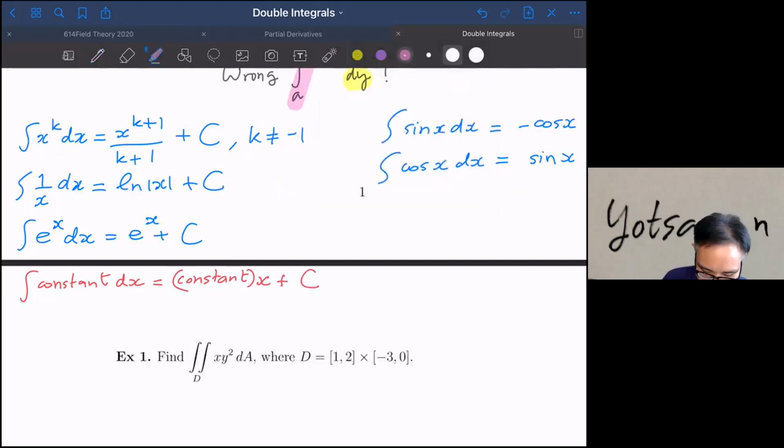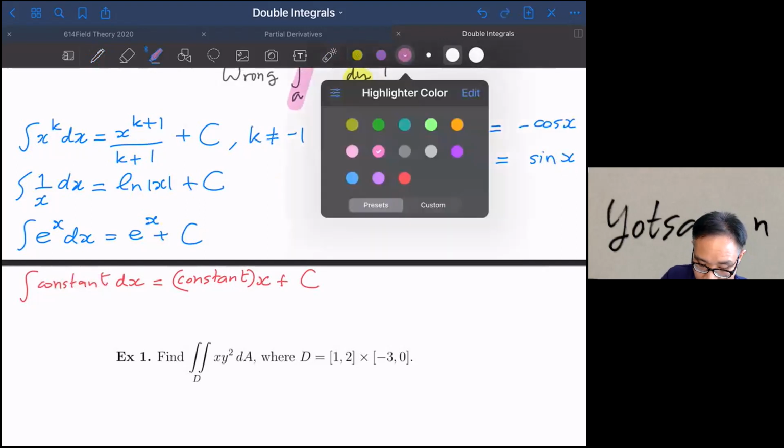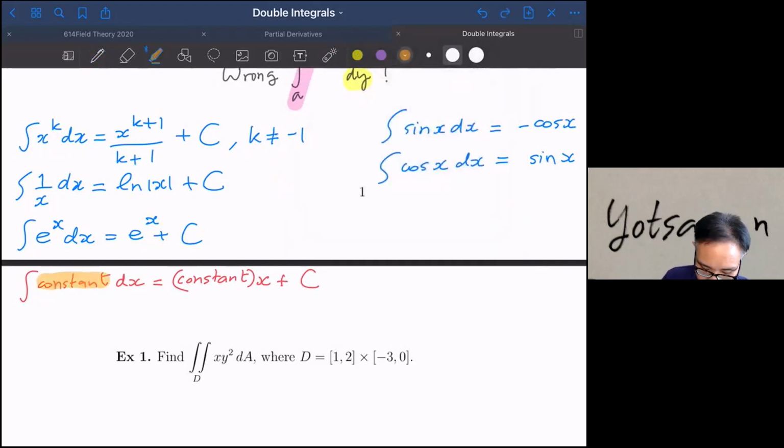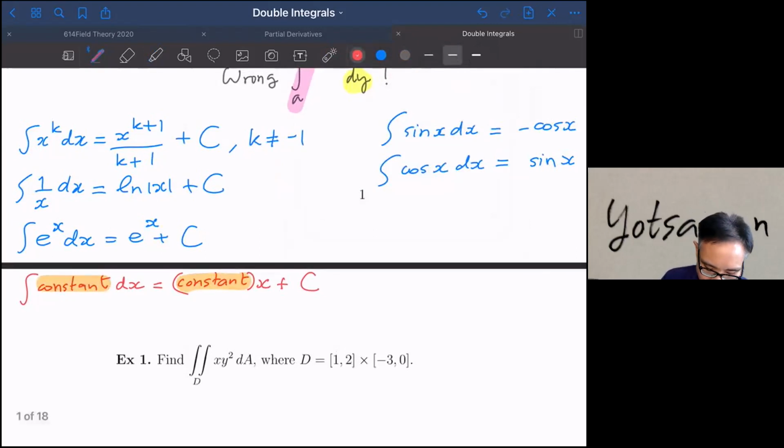Let me make this a little bit clearer. And if you have a constant multiple, c f(x) dx, you just ignore the constant and integrate the function.